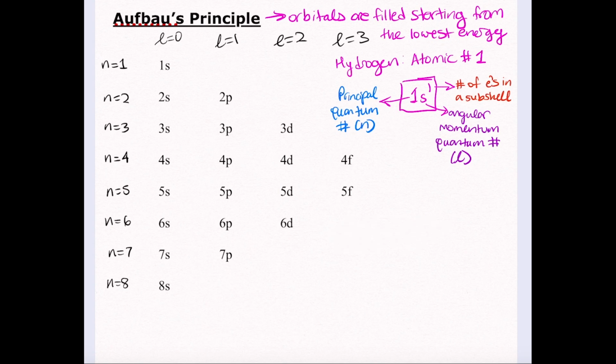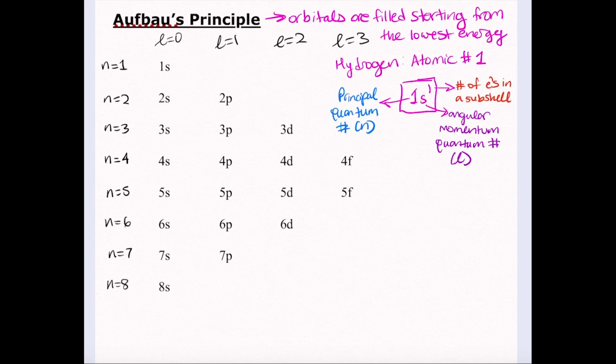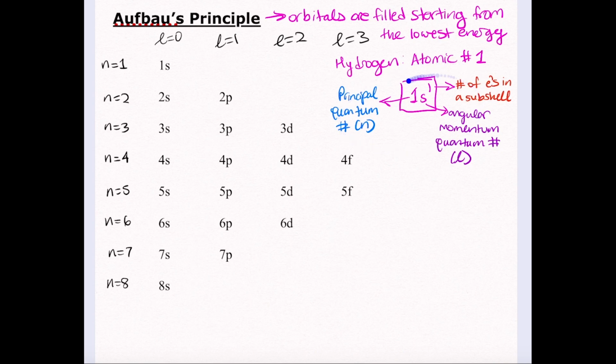Anyways, like I was saying before, when you're looking at this notation here that I'm moving my cursor around, the principal quantum number pretty much refers to how far most of the distribution of electrons is from the nucleus.